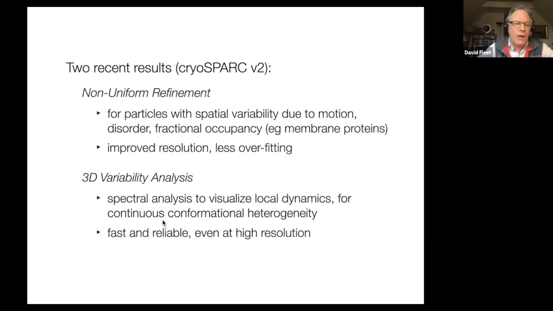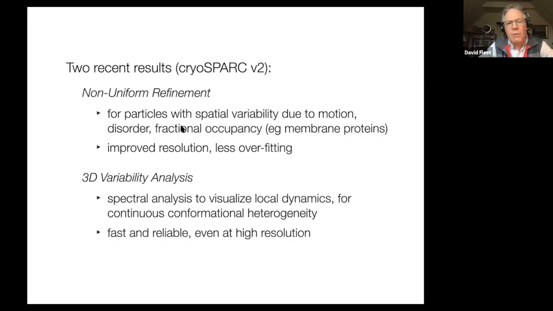So earlier I mentioned that the rigid case, which is everything we've assumed so far, assumes that these particles are rigid, but they're not really rigid. And so in the first case with non-uniform refinement, we're dealing with the fact that the particles themselves are spatially variable. So some of it may be due to motion, and some of it may be due to regions of disorder that are not rigid from particle to particle.